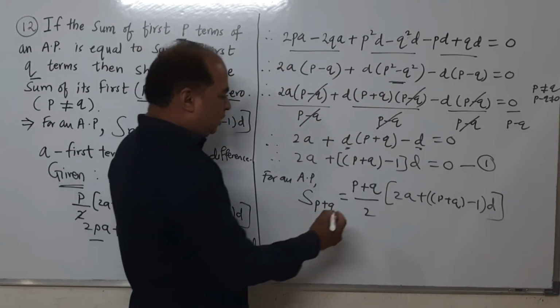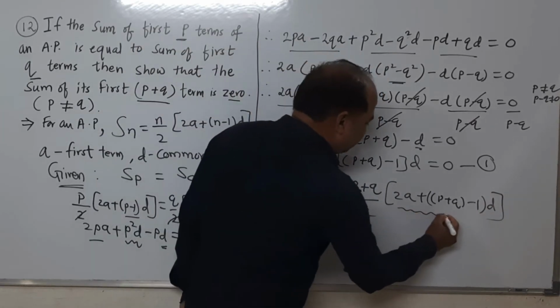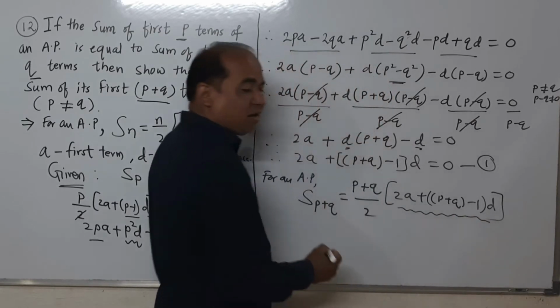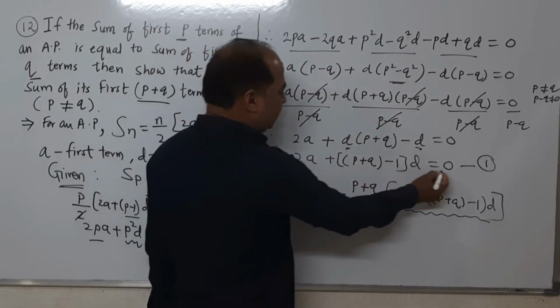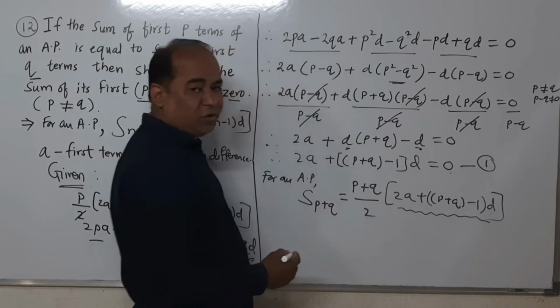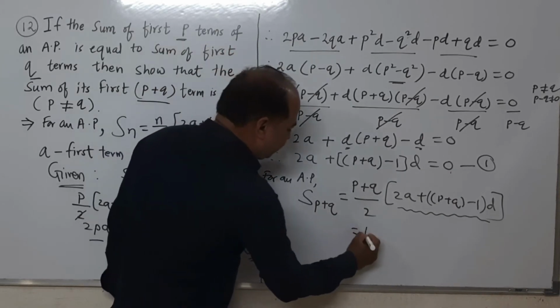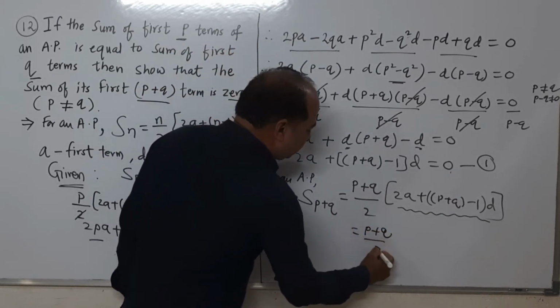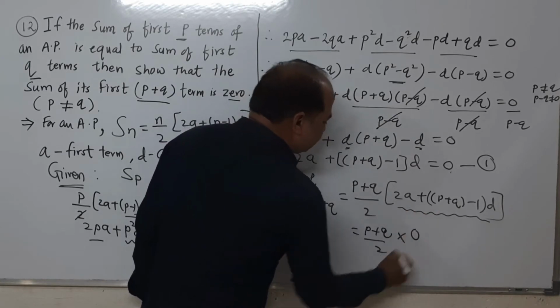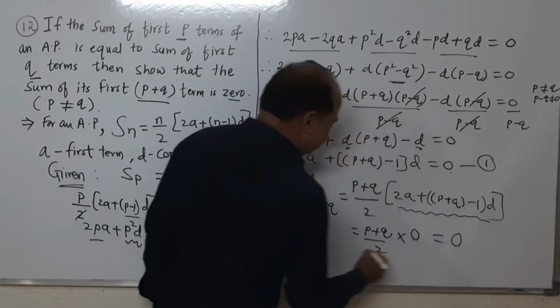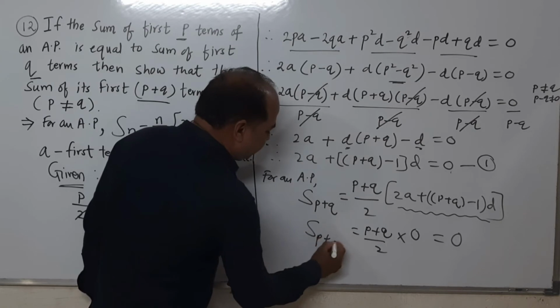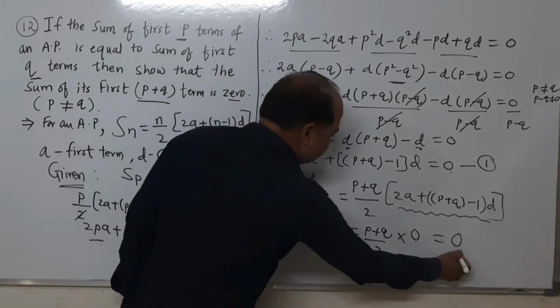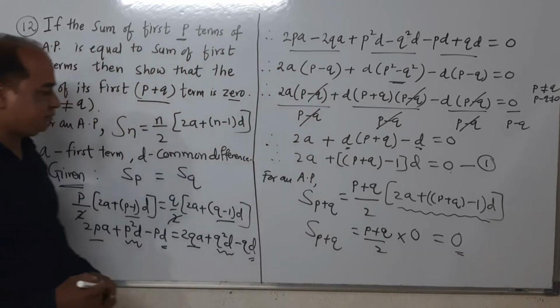Now see this term, 2a plus p plus q minus 1 into d is equal to 0 from equation 1. So we can write p plus q upon 2 into 0, which is equal to 0. So the sum of p plus q terms is equal to 0.